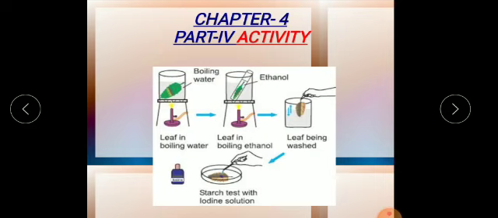Inside the test tube there is ethanol, and we have placed it in a beaker filled with water. We are not heating it directly so that the alcohol will not catch fire. Now, what is the effect of alcohol on the leaf?